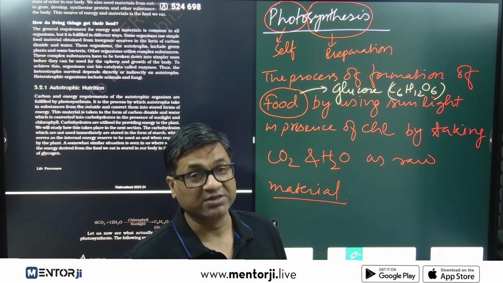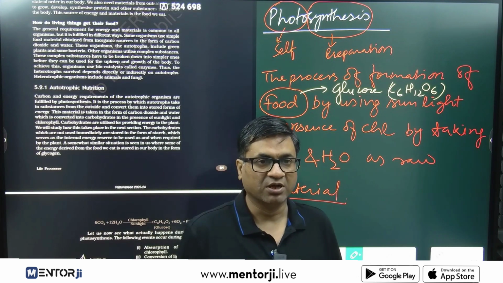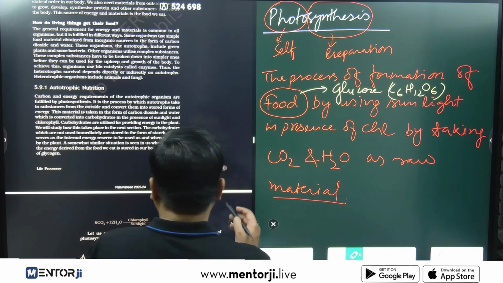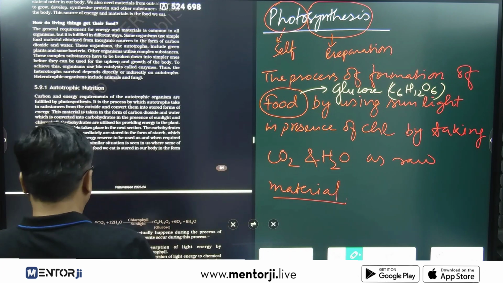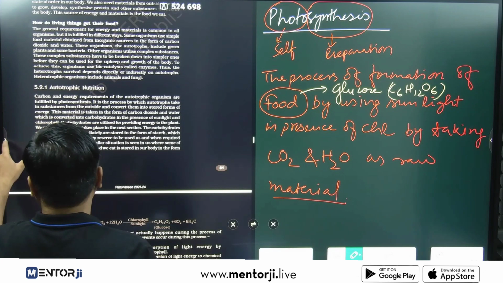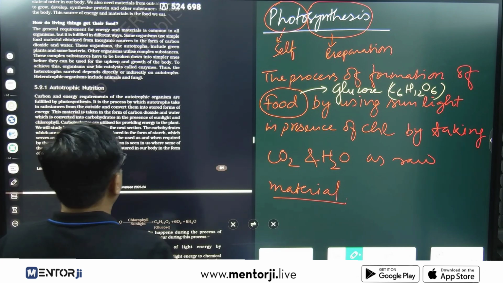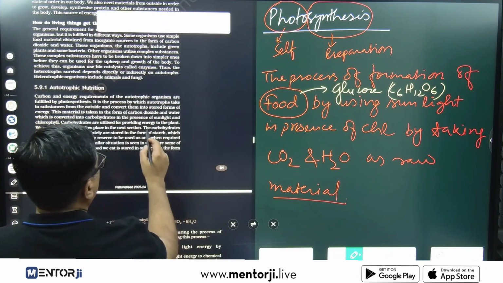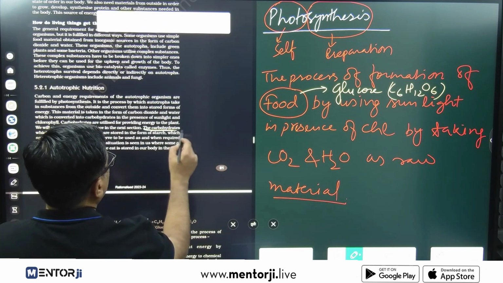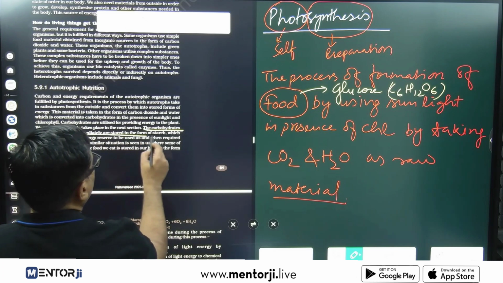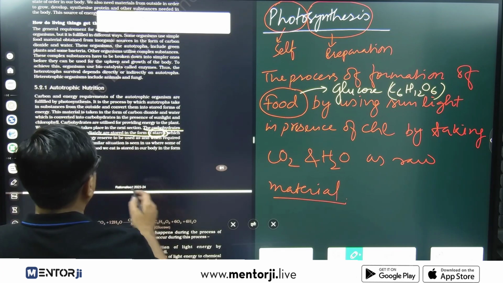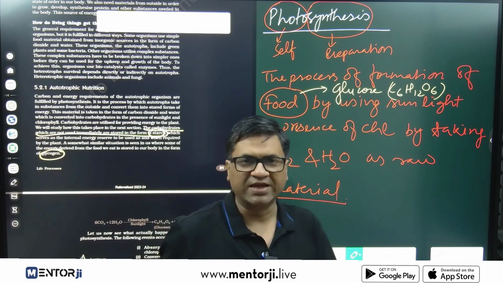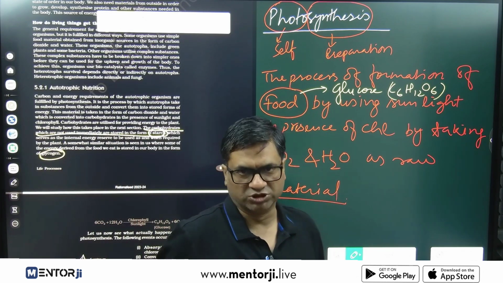You have been learning this definition from the beginning. As we have discussed in last class, the stored food in plants is starch, and stored food in terms of animals is glycogen.